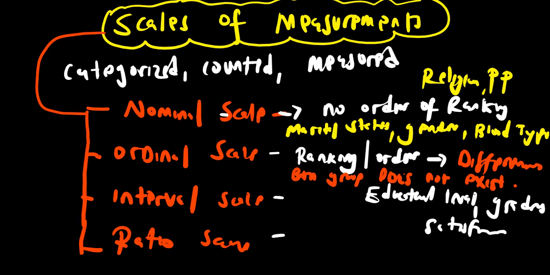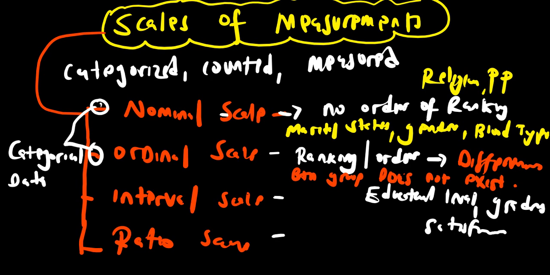Then a combination of ordinal and nominal, when you combine these two, these ones are called categorical data. Categorical data, although there are different forms, is what you can categorize into categories.